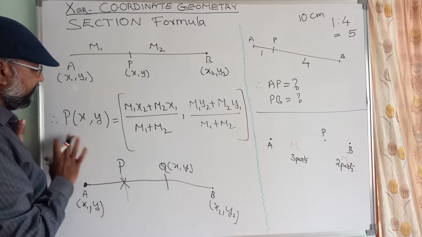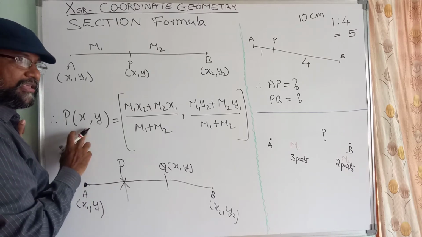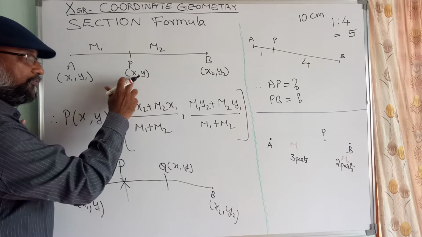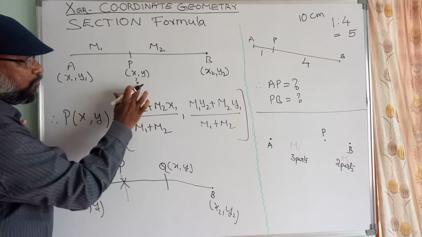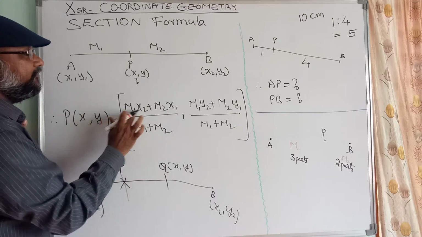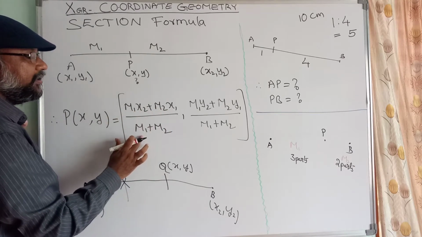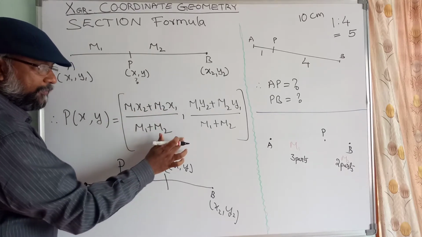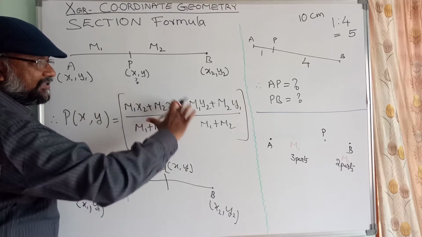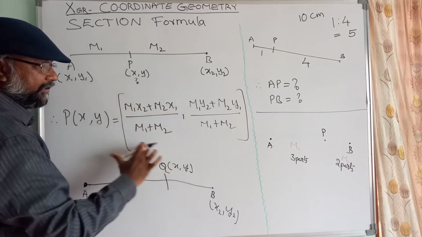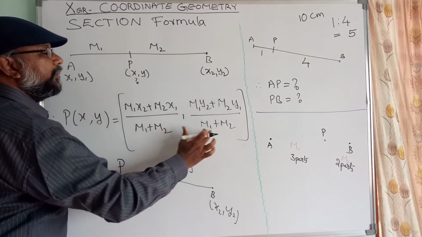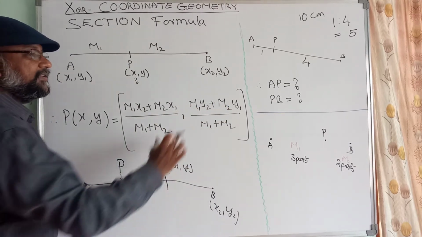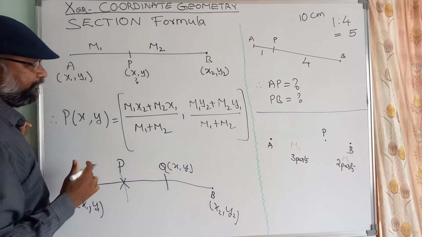So the formula is for the point P (x, y). We should know this point is ((m1 x2 + m2 x1)/(m1 + m2), (m1 y2 + m2 y1)/(m1 + m2)). The first is the x coordinate, the abscissa, and the second is the ordinate, the y part.